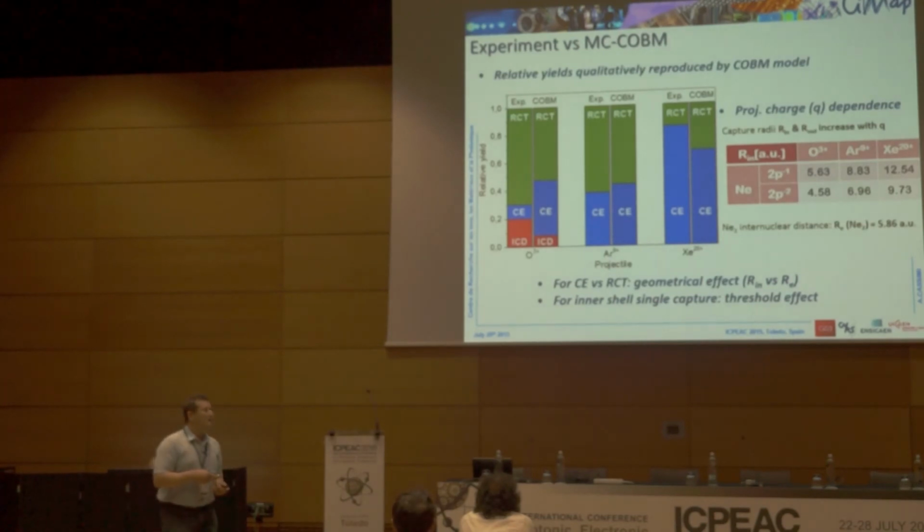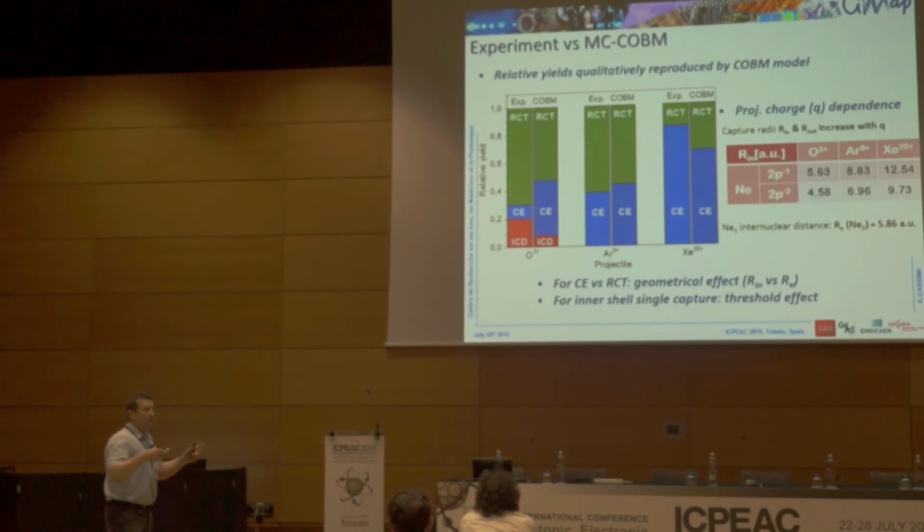So if you compare these results to the calculation that we had, qualitatively the agreement is okay. And as you can see, when you have a high charge state, the easiest is to capture electrons from both sides. That's the Coulomb explosion.